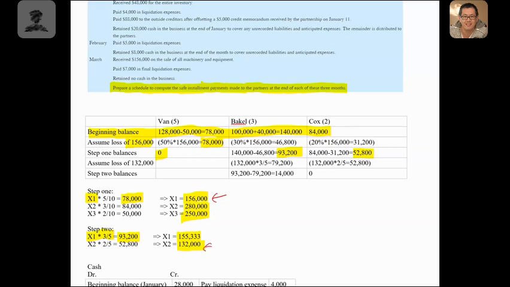So then we need to eliminate Cox in the next step. So here, assume a loss of 132,000, then Cox will take 52,800, and his remaining balance will be 0 in step 2. And then Bacon will still have 14,000 left.